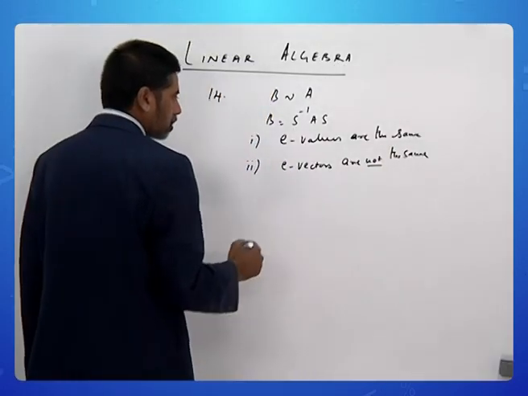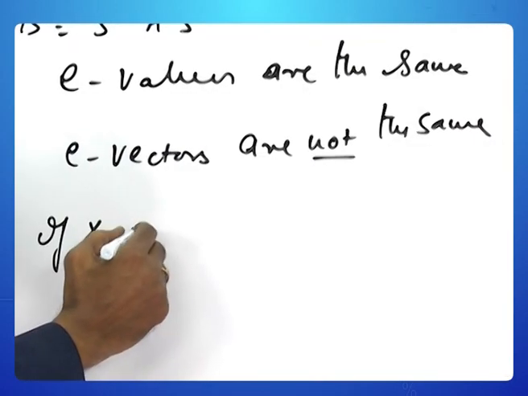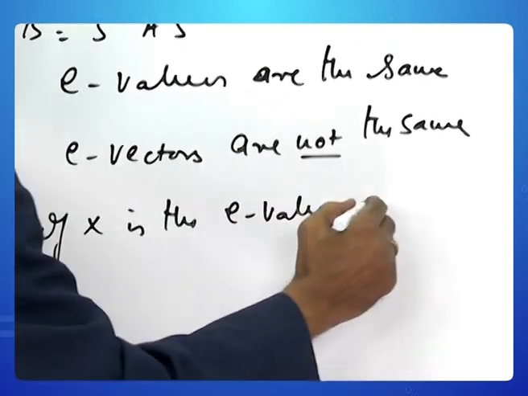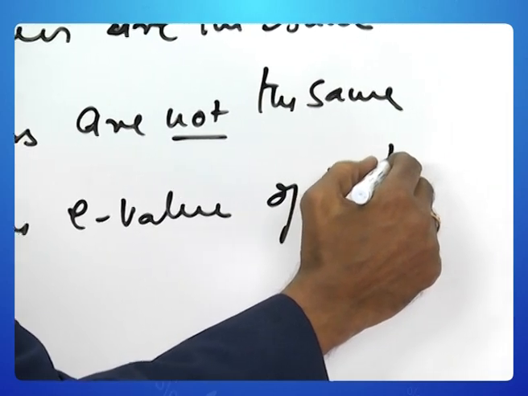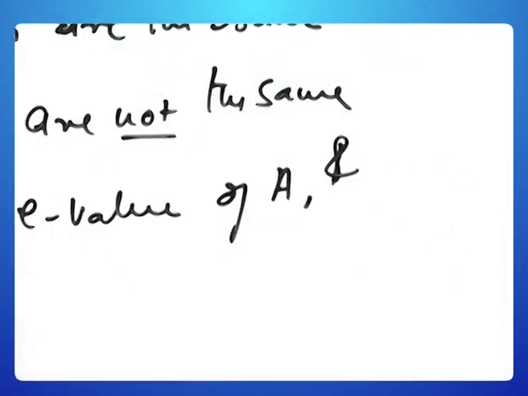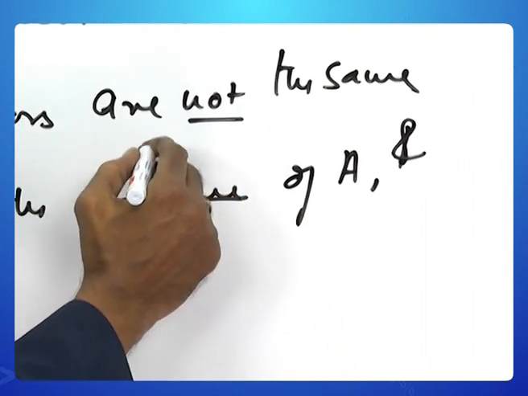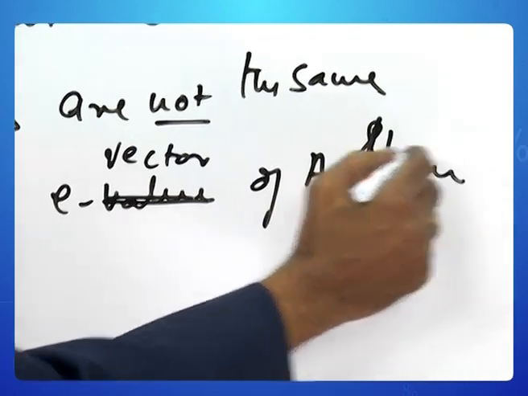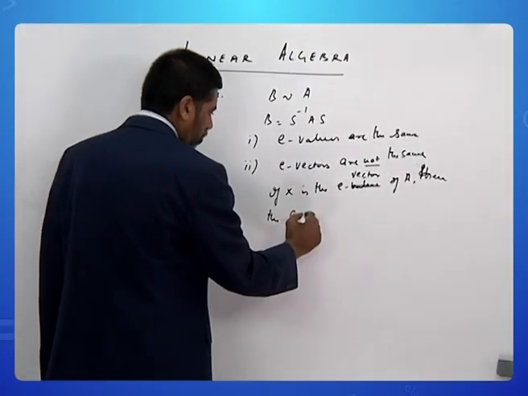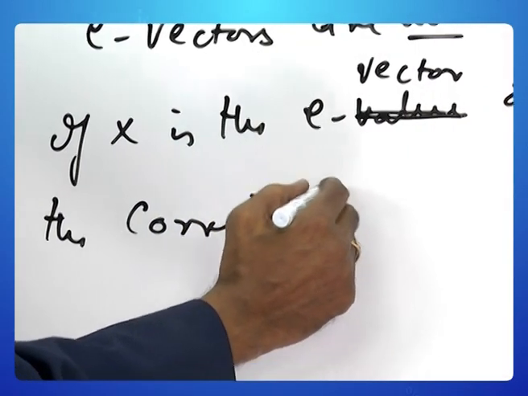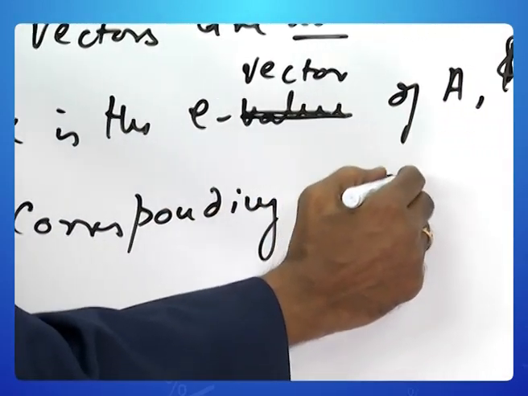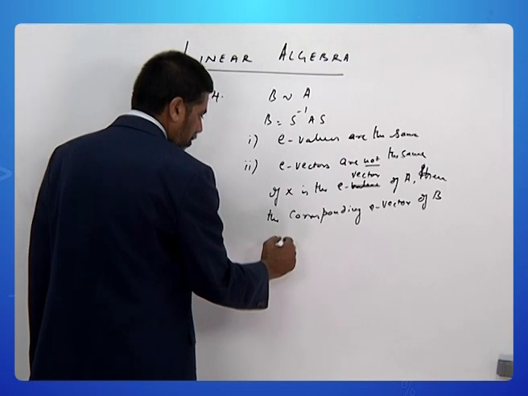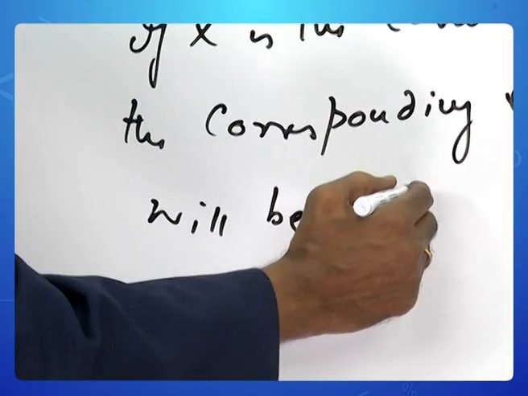Then how shall we remember? If X is the eigenvector of A, then the corresponding eigenvector of B will be, there are two options.